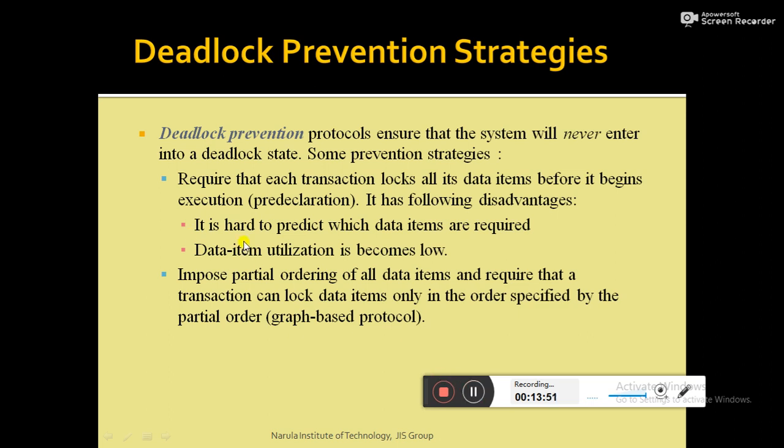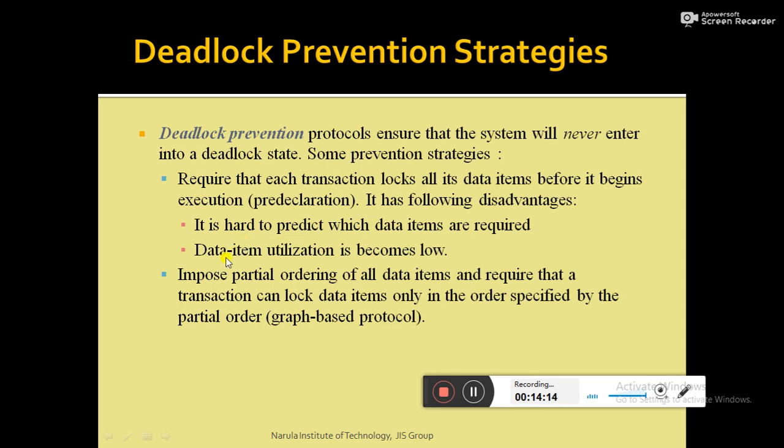The second disadvantage is that data item utilization is very low. Why? Because before the transaction begins execution, all the data items must be locked. But during execution, at a single point of time, not all the data items are required by a transaction, only a few of them are required. Even so, you still need to lock all the data items.